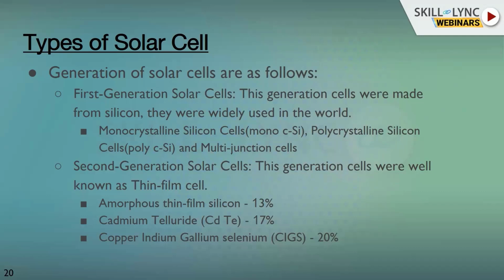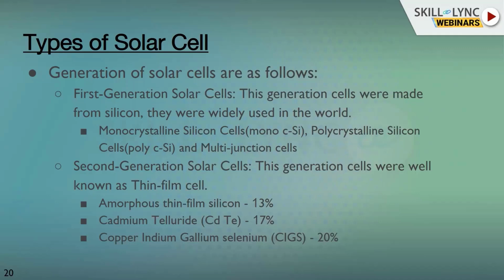For monocrystalline silicon, you use about 80% pure silicon to create the cell. In the thin film, it is just 6%, 7%. As compared to mono silicon cells, the thin film cell efficiency is very low, at 6%, 7%, and it goes up to 13%.